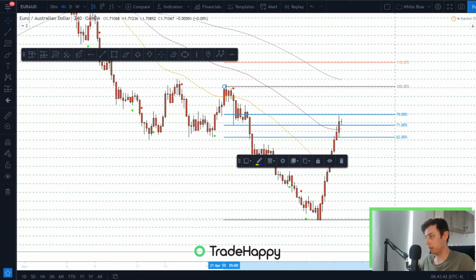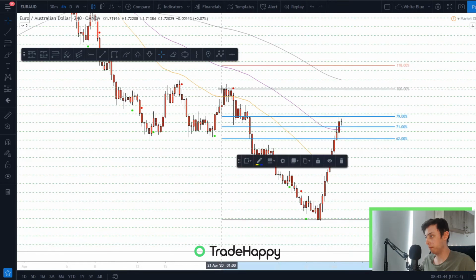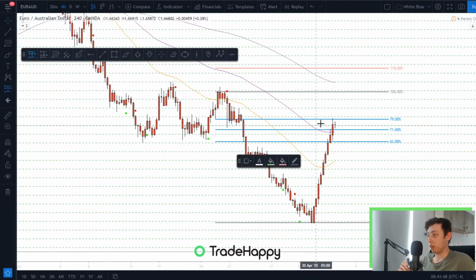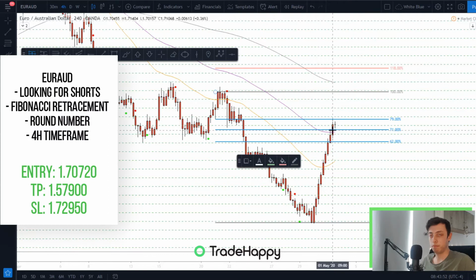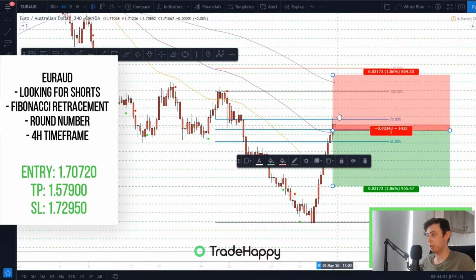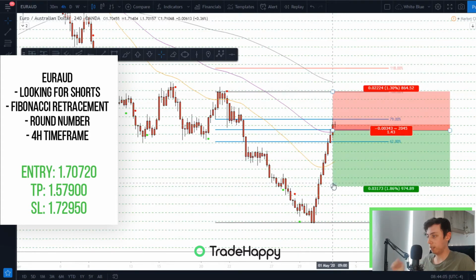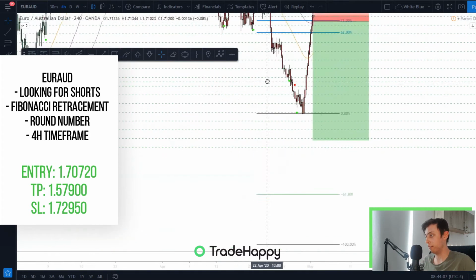So hold on, let's just fix that up. I would have already entered this position, but you can just enter it on EURAUD and put the stop loss here, and the take profit will be down at the 4-to-1 mark.